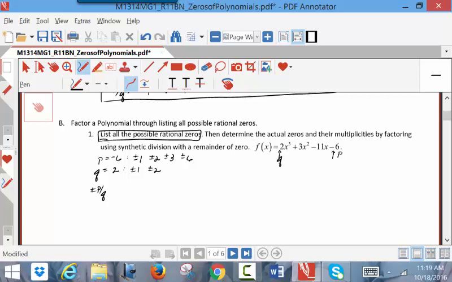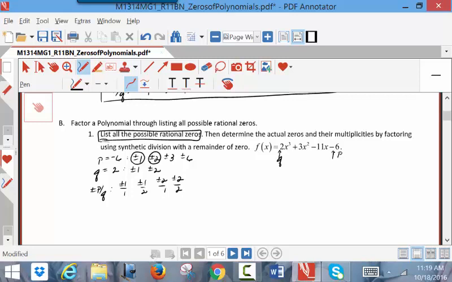Okay, so start with the p-value of 1 and take it over the q values of 1 and 2. So plus minus 1 over 1 and plus minus 1 over 2. Then take the next p-value over the q's, which is plus minus 2 over 1 and plus minus 2 over 2.